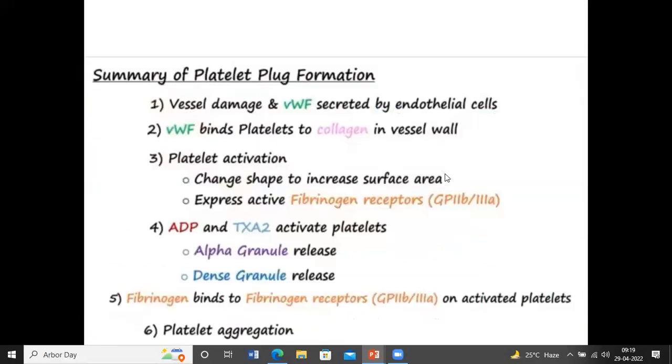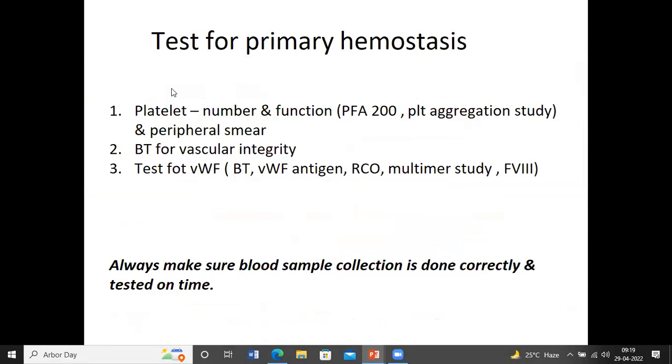This is the summary. So there are certain tests that we do to check for the primary hemostasis defect. It is platelet test, which may be a number test or a function test. Function test can be done by looking at PFA-200 test, which is done by a Siemens machine. And you can also look at platelet aggregation study.